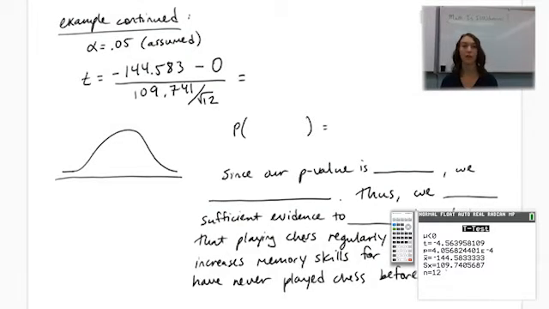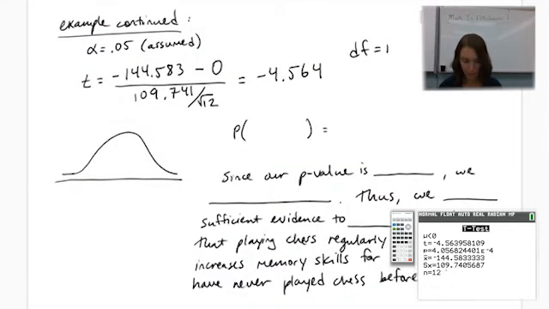So we always want to write out our formula. And then we can write out our t value, which is negative 4.564. Remember, I need a degree of freedom because with t's we always need that. That's n minus 1, so that's going to be 11, or n sub d minus 1.